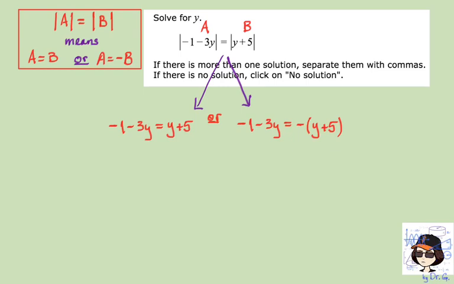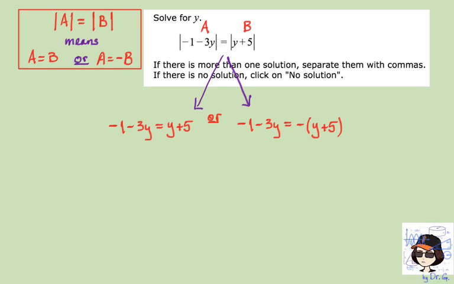And notice I put parentheses around y plus 5 because y plus 5 is our B. And so I'm taking the opposite of B, which means the opposite of y, the entire expression, y plus 5. So I had to put parentheses there. All right, so let's solve these separately.